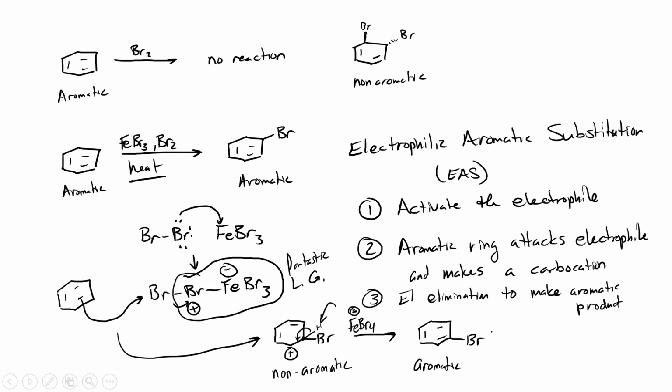But notice that it leaves the bromine behind, right? We don't have to use the bromine to make the elimination happen because we have that carbocation there. And so we get this aromatic product that looks like our aromatic product up here. And this gives us our electrophilic aromatic substitution. More examples of electrophilic aromatic substitution coming up in the next video.